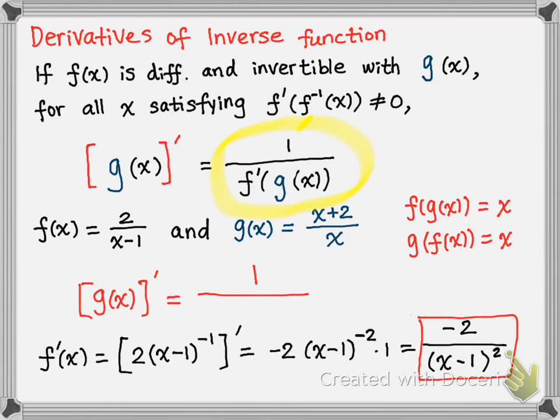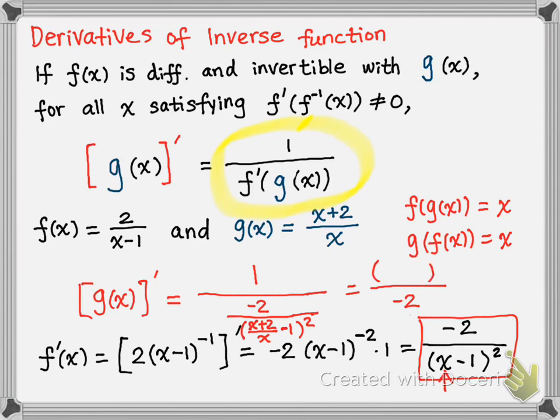So all you need to do is change the x to be g of x. So it'll be negative 2 divided by g of x, so x plus 2 over x minus 1 squared. So it's 1 over a fraction. What you need to do is flip the fraction. So negative 2 on the top goes to the bottom.